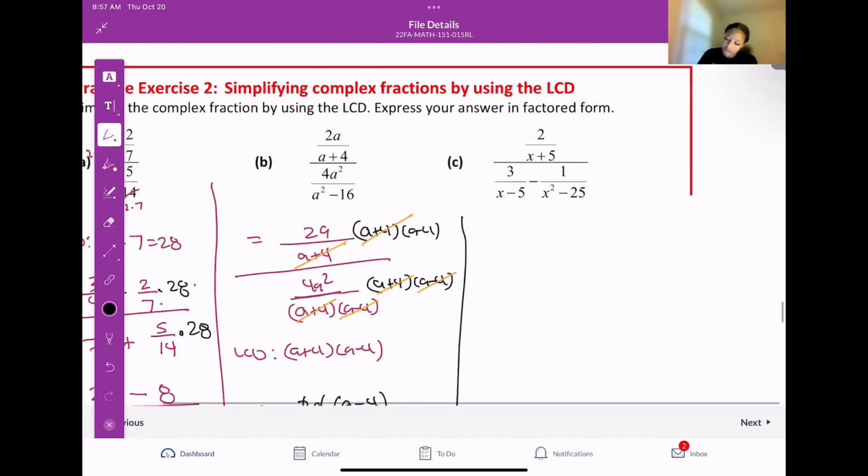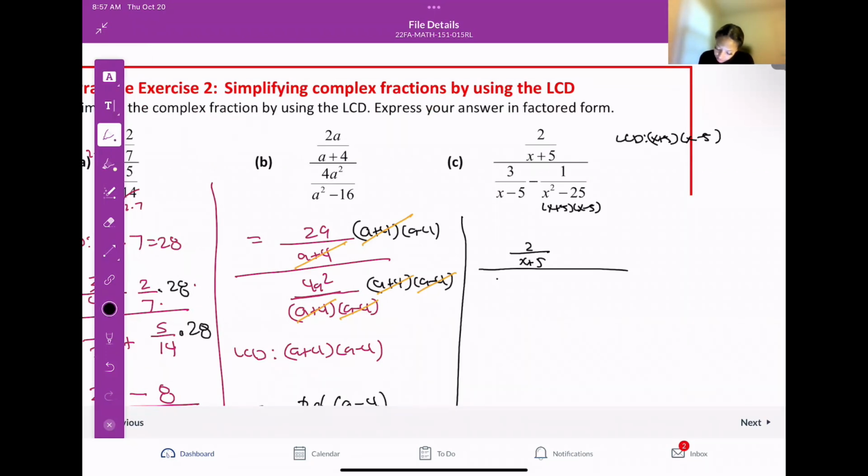Our denominators are, this factors to x plus 5 times x minus 5. So x plus 5, x minus 5, and x plus 5 times x minus 5. So the LCD would be the x plus 5 times x minus 5. I'm going to just rewrite this really quickly. 2 over x plus 5 over 3 over x minus 5 minus 1 over x plus 5 times x minus 5.